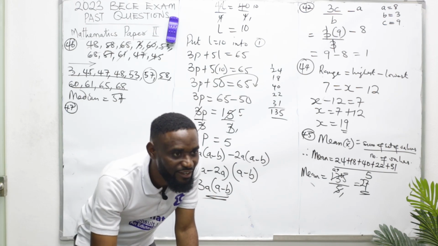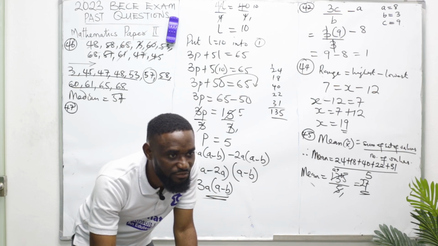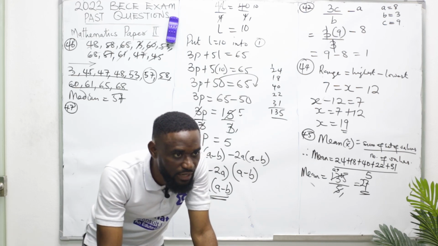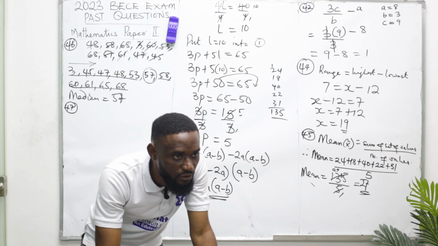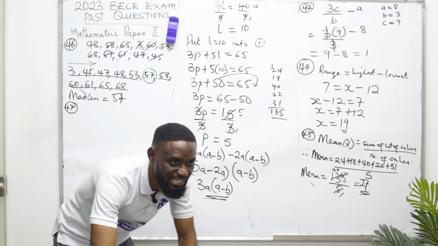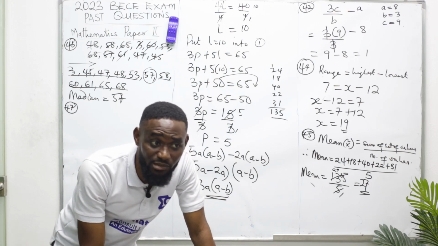This is 1, 2, 3, 4, 5, 6, 7, 8, 9, 10, 11, 12, 13, 14, 15, 16, 17, 18, 19, 20. And we have 50 here: 1, 2, 3, 4, 5, 6, 7, right? So 50 is appearing 7 times there. So that is the modal weight.